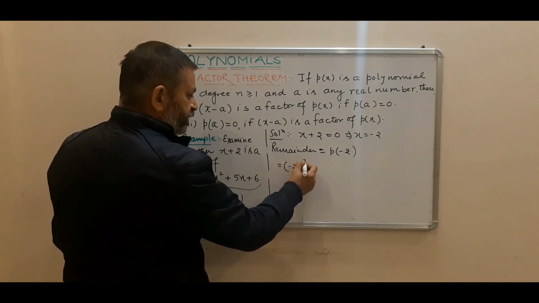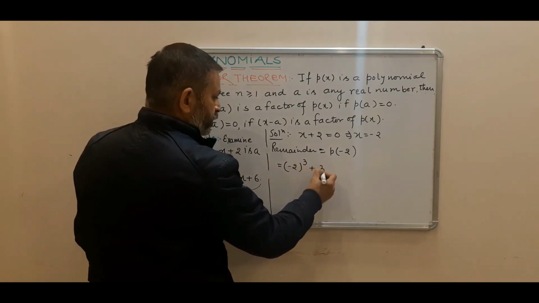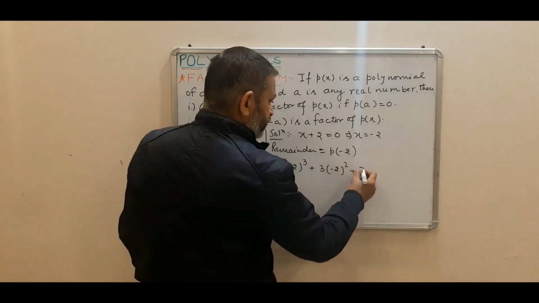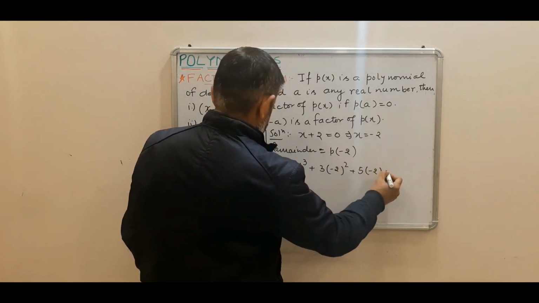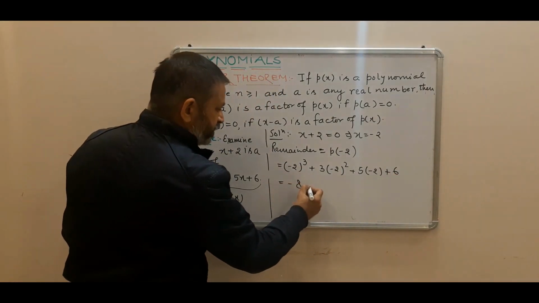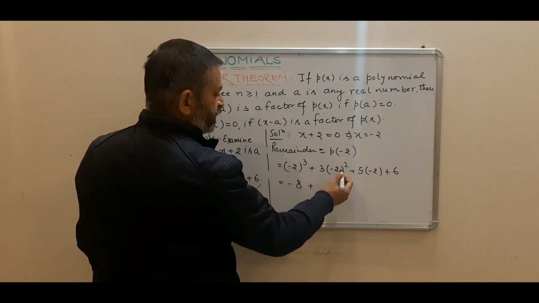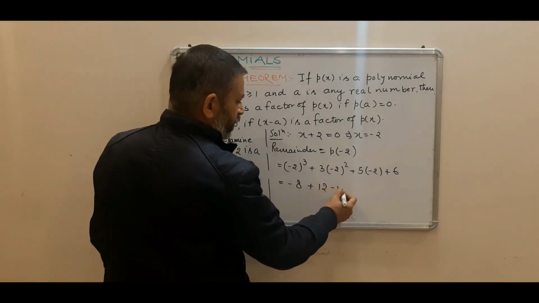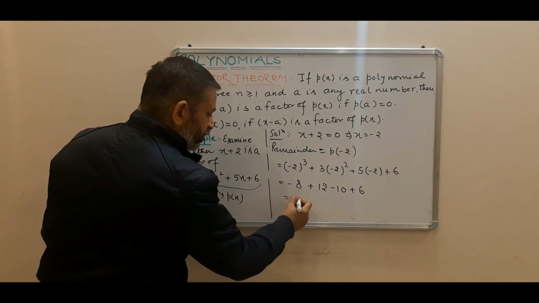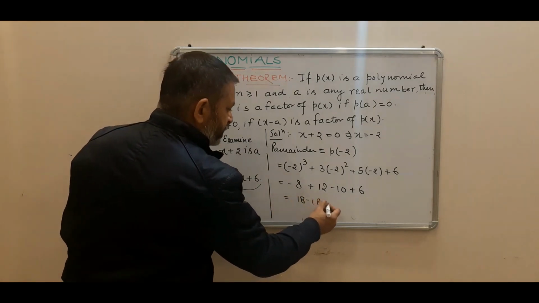It comes as (-2)^3 + 3 into (-2)^2 + 5 into (-2) + 6. What is (-2)^3? It is -8, plus (-2)^2 is 4, into 3, 12, minus 10 plus 6. So it is coming as 18 - 18, that is 0.